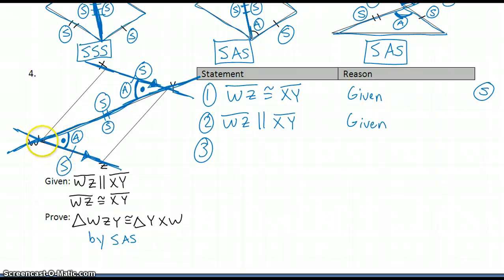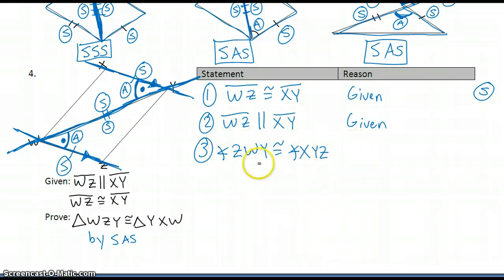If I just said angle W, I wouldn't be exact enough. So I'm going to call this angle angle ZWY. And I'm going to call this angle XYW. I have to use 3 letters for both of these angles because around this vertex there's 2 angles.